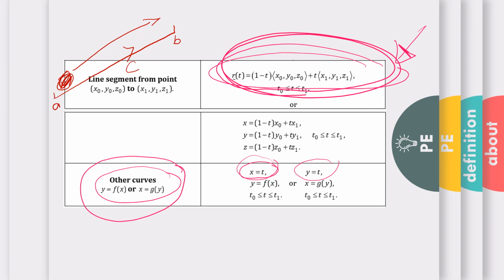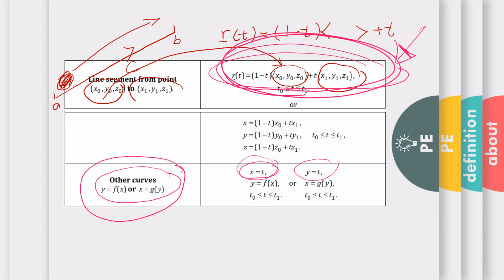For a line segment, your r(t) is automatically given by this formula: (1 minus t) times (x0, y0, z0) plus t times (x1, y1, z1). What are x0, y0, z0? They come from your initial point, the starting point, and you substitute here. And x1, y1, z1 is the destination point, substitute here.